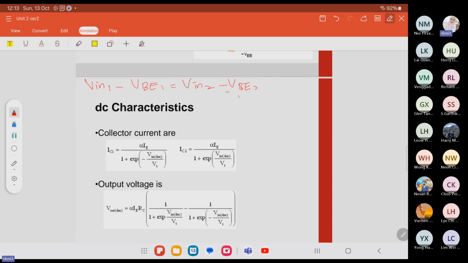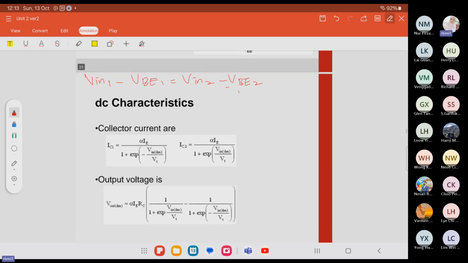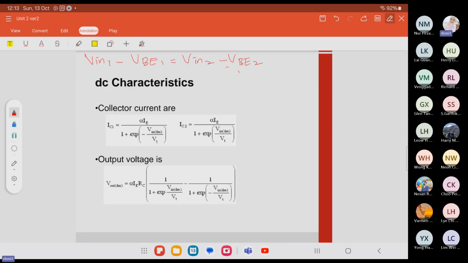And we have the saturation current, and here VT is the thermal voltage. VT thermal voltage is approximately 26 millivolts, or sometimes 25 millivolts at 300 Kelvin.